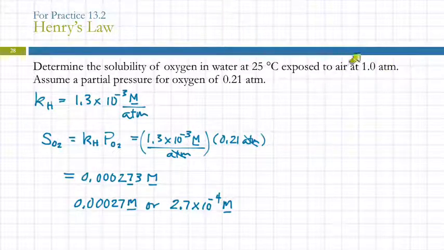If it just gave you 1 atmosphere and didn't give you this little hint here, then you'd have to go looking back and find, what's the percent oxygen in air? It's 21%. So then 21% of 1 atmosphere, 0.21, that's the partial pressure of the oxygen. So the problem could be made more difficult.